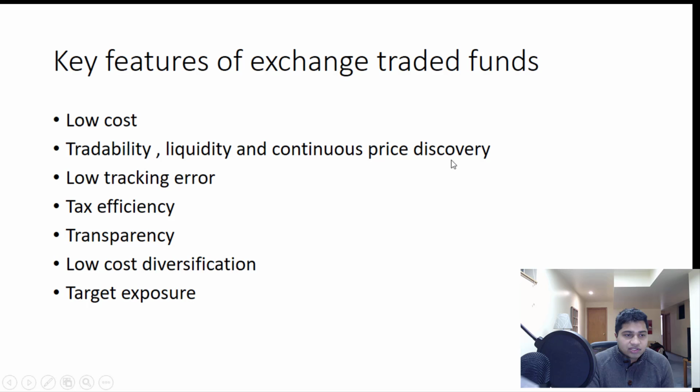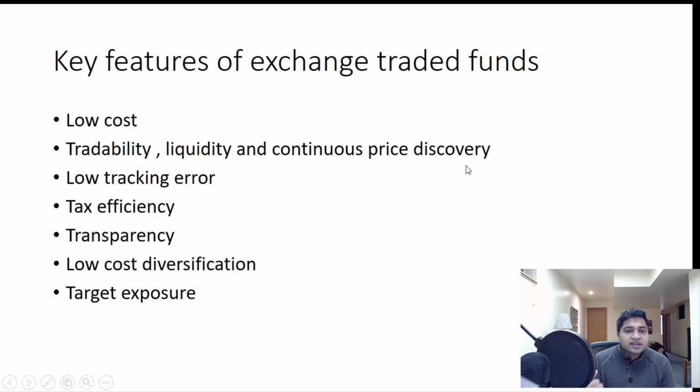Next, tradability, liquidity and continuous price discovery. ETFs can be traded on an exchange, so it improves the tradability. Liquidity depends on what the underlying asset is. If the ETF is based on something as liquid as the TSX 60 or S&P 500, then it is liquid. But if it is based on small cap international stocks that have low liquidity, the liquidity is low.